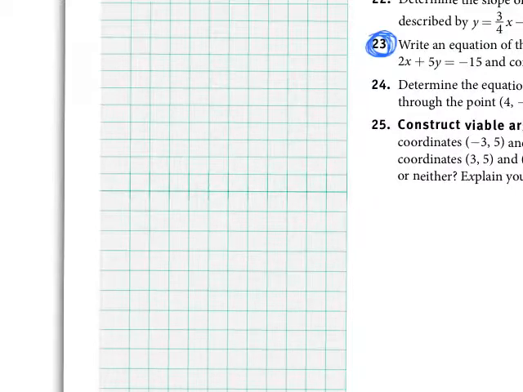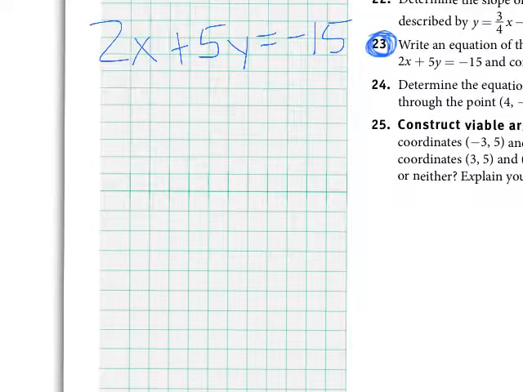So my end goal is to write an equation that is perpendicular to this. If it's perpendicular to 2x plus 5y equals negative 15, what do I need to know about that line? I need to know the slope. That's the one and only thing I need to know.